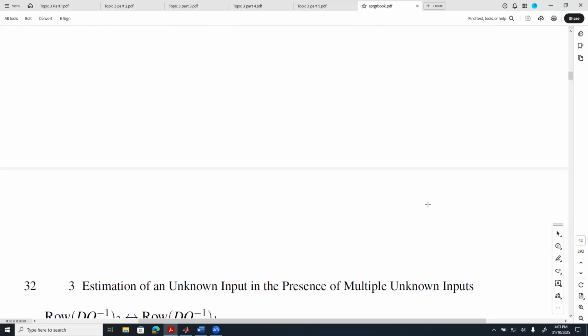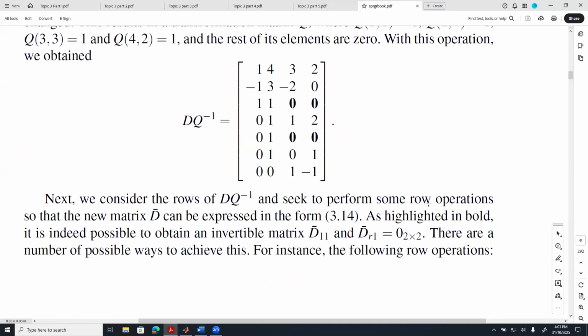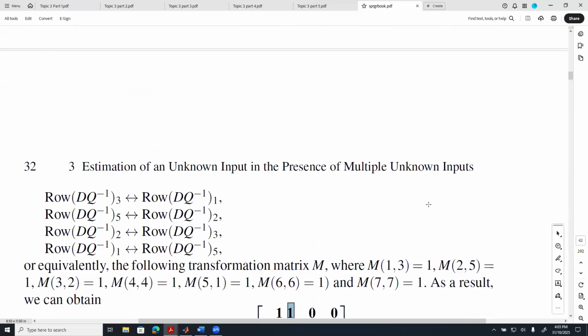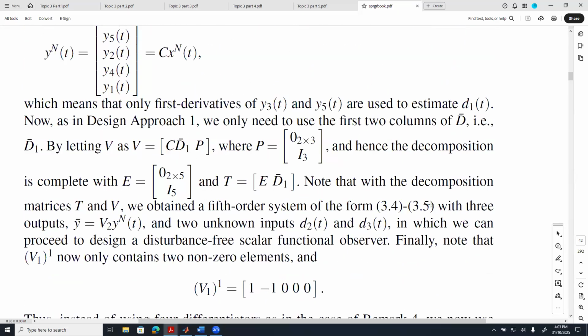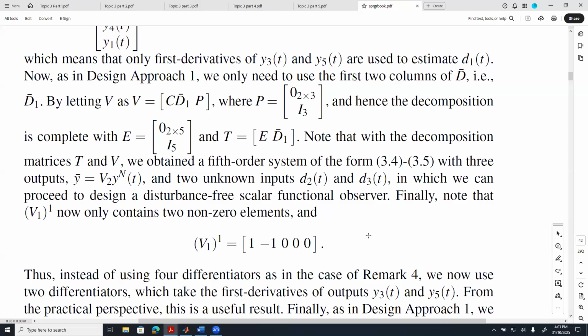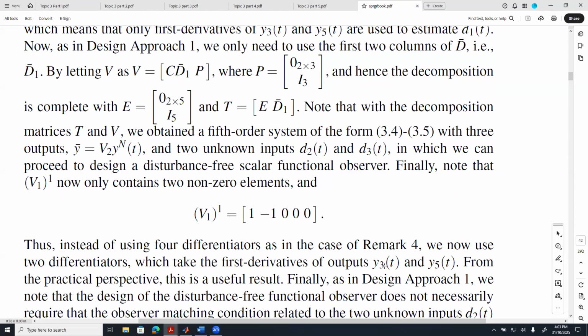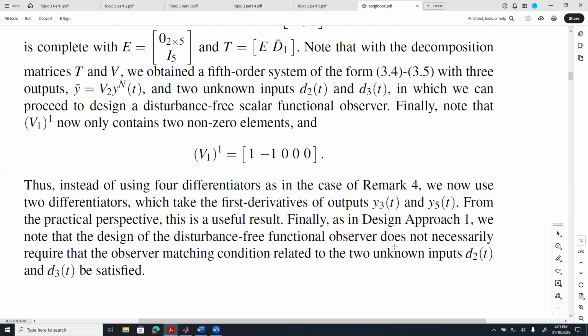So when we do the decomposition, we're able to express d1 and d4 in terms of the derivative of 2 output differentiator, y3 and y5.